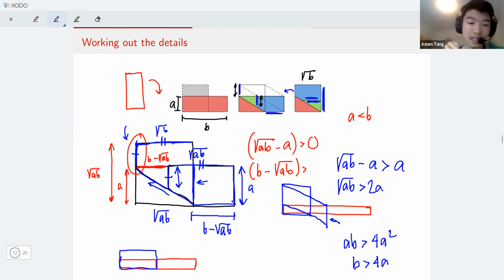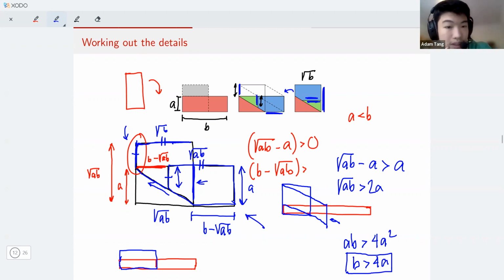Now this rectangle will have twice the height and half the width. So in fact, the ratio between the longer and the shorter side decreases by 4 times. And that's good, because if we keep doing this, then eventually the ratio of the longer to the shorter side will be less than 4. And then we can do the rest of our dissection, which we did here.